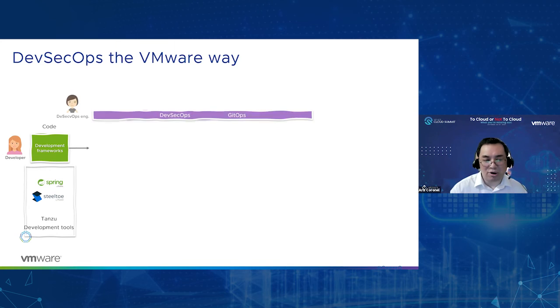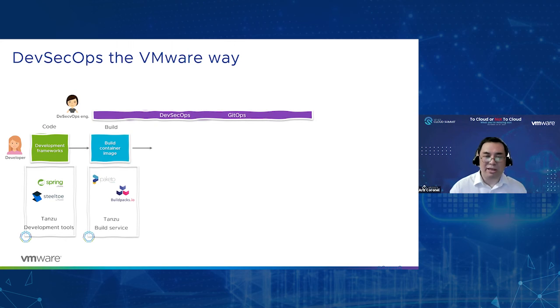The way that you are building the container image, if you're using Kubernetes, for example, build it from different layers. There are application dependencies. You have application runtimes, things that you have to think about. So in the integration portion, we have the Tanzu Build Service to help you build your images.